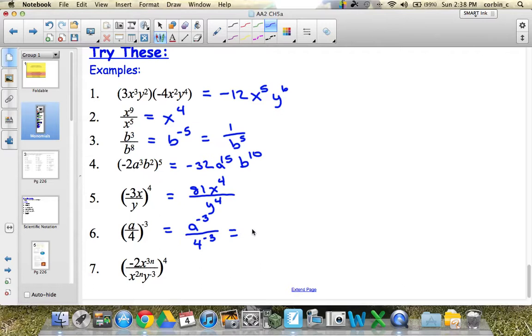So a to the 3rd goes to the bottom. Notice that that exponent turned positive. And then on the top, I get 4 to the 3rd. And since 4 to the 3rd actually works out to be a number, which is 64, I'm going to put 64 over a to the 3rd.